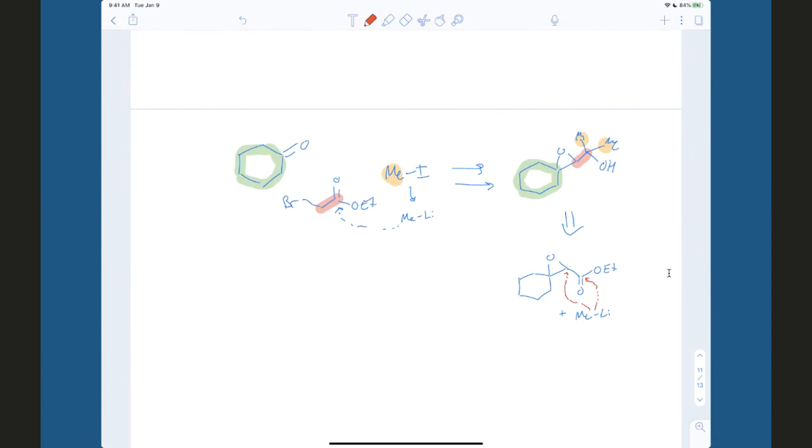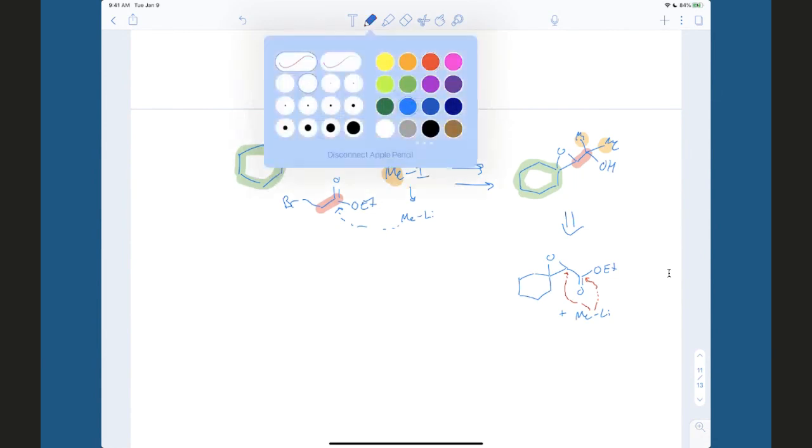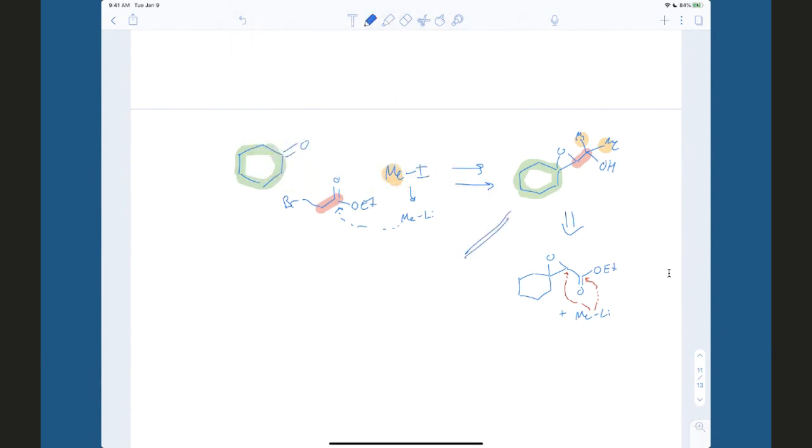But we also have some other options, right? Because we have this epoxide. No matter what type of reaction you use to make the epoxide, we always go back to a double bond.